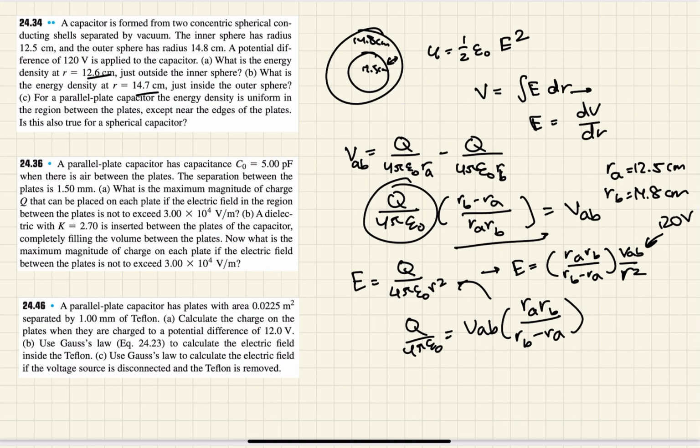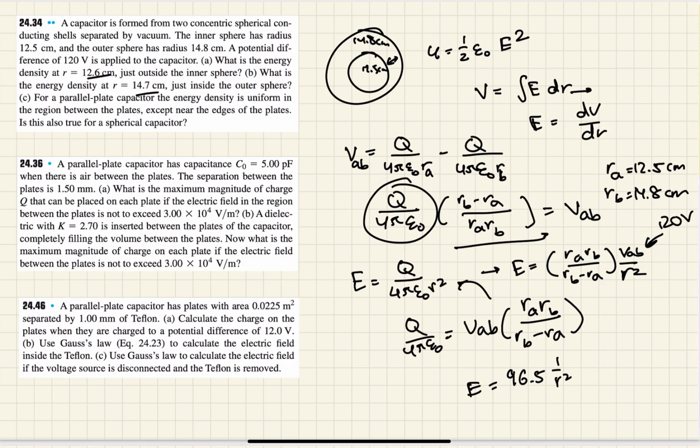So we just plug it in, and we get E is equal to, so RA and RB we plug in, V we plug in. The general R we're not going to plug in yet, so we can actually get a formula for it. You get 96.5 times 1 over R squared, or just 96.5 over R squared, because all of these were constants that we had.